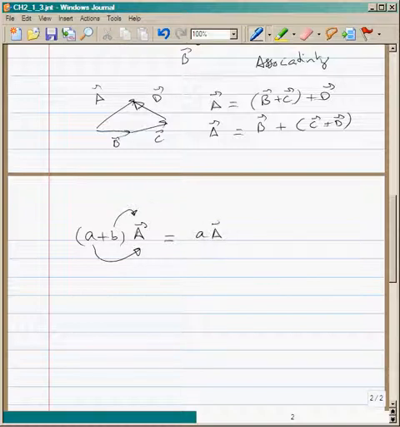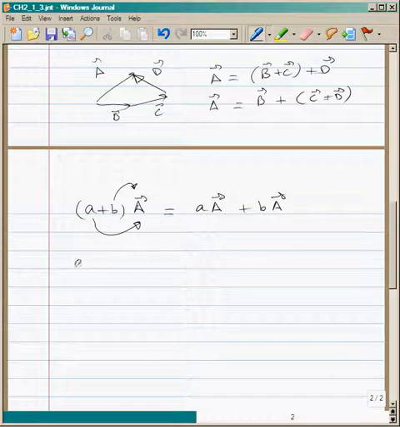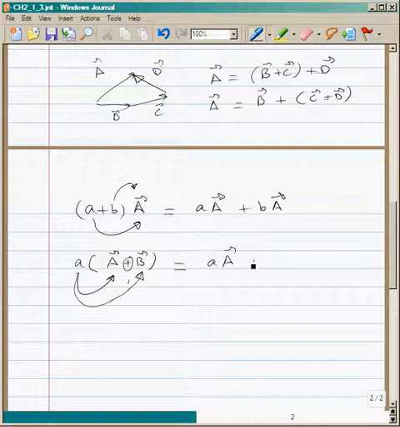So you end up with aA plus bA. Similarly, if you have a scalar that multiplies the sum of two vectors, A plus B, you can use the same technique, scalar a times the first vector plus scalar a times the second vector. So you end up with aA plus aB.